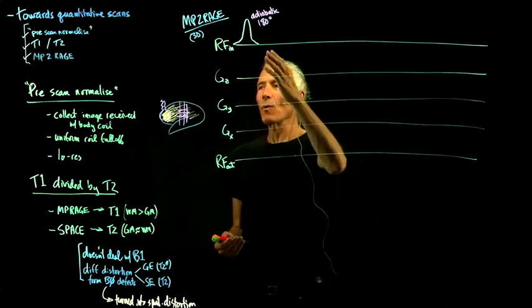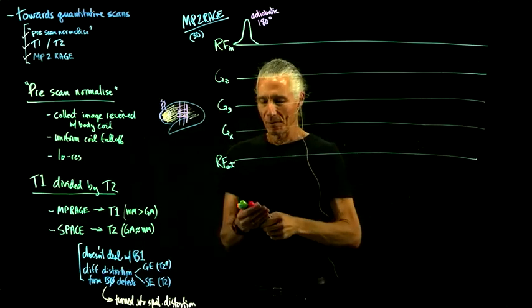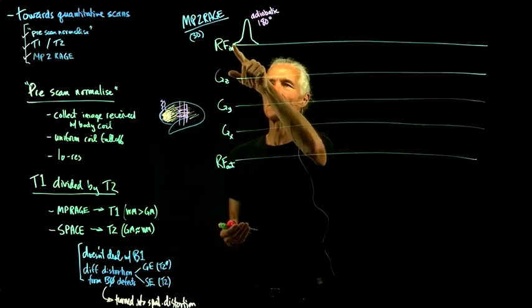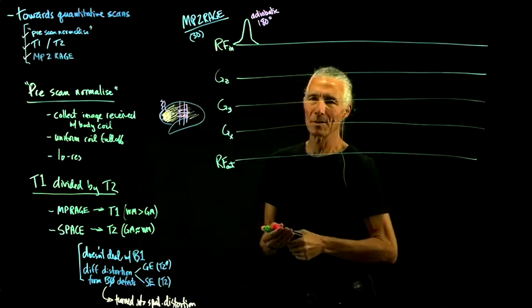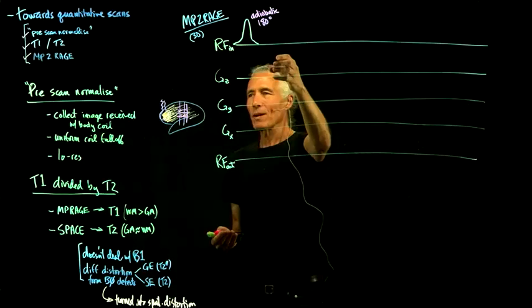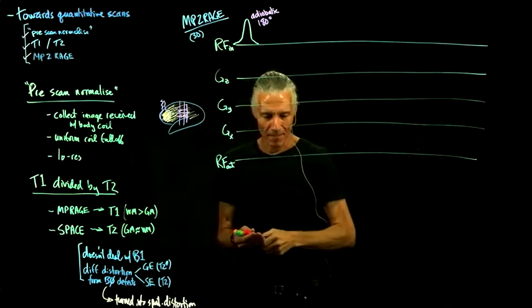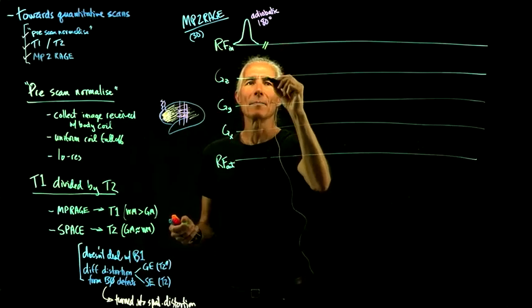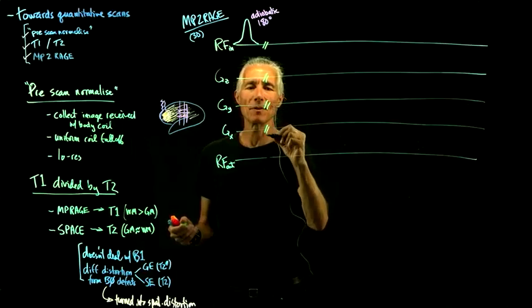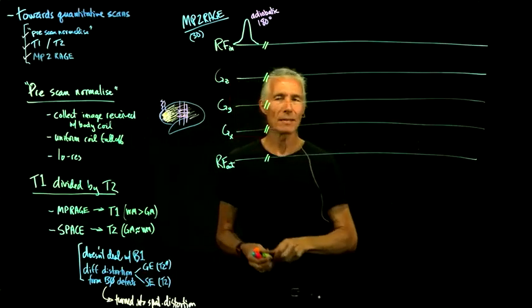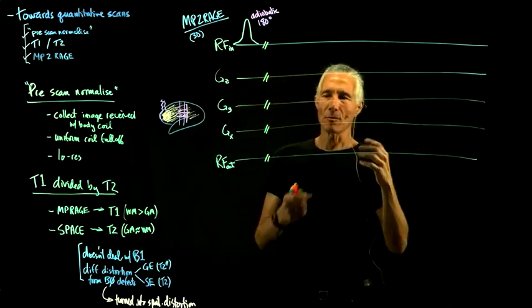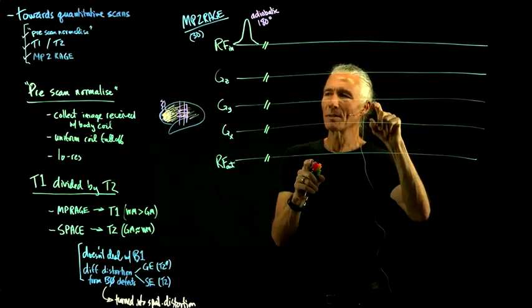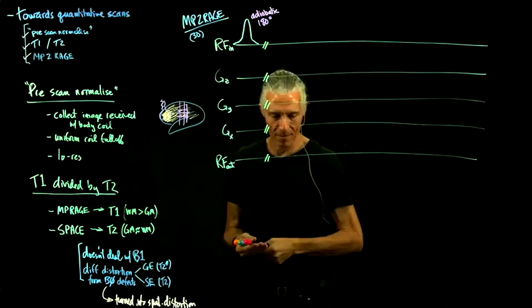And since we've got to wait a little while for the recovery of the magnetization before we start recording, that's okay. We can afford to do an expensive pulse like that in time. If we didn't have to wait after it, then we couldn't afford to do that. So we wait a little while, a little gap in time while we're waiting for some recovery, because remember, we're trying to wait until we get, say, gray matter about zero and white matter recovered some above zero, so that there's a big contrast difference between gray and white matter.